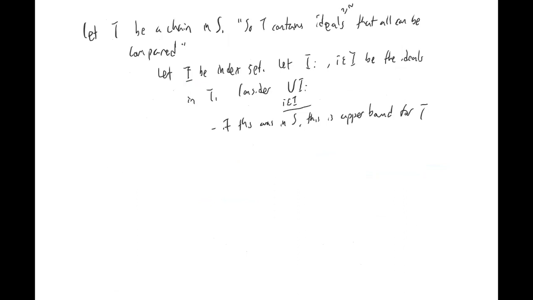This element is not in the chain, right? I mean, T is my chain. We're considering the union, and you need to prove it's an ideal. In general, if it's arbitrary, the union of the I_i is not an ideal. Here's why. If I let A, B be in the union, we could even make it finite.